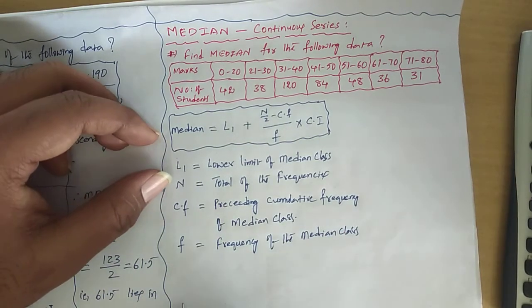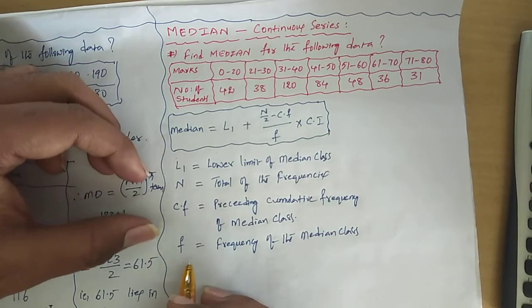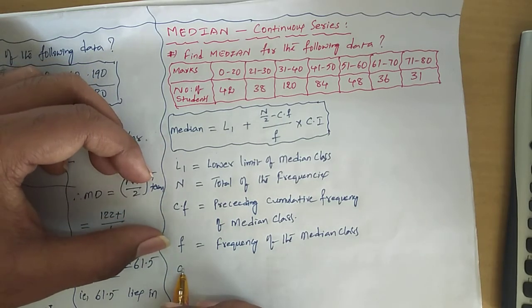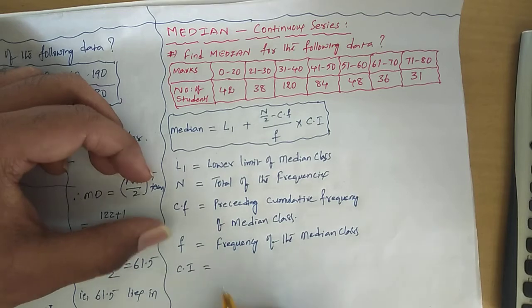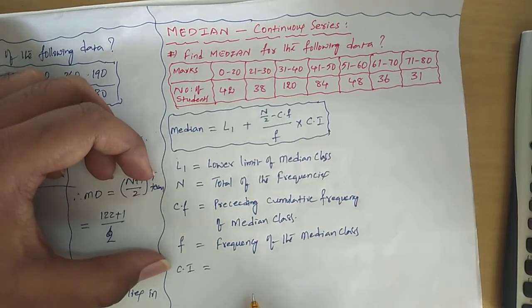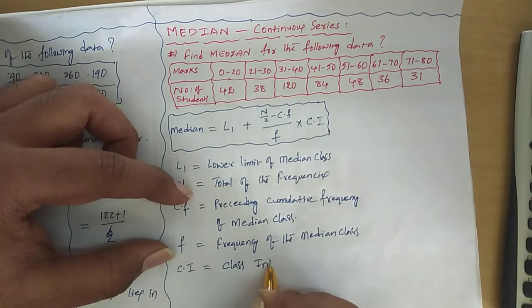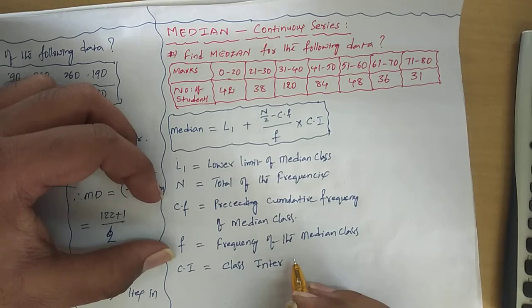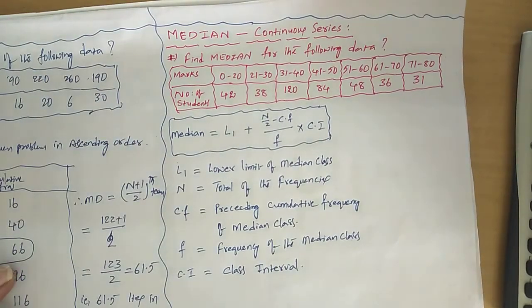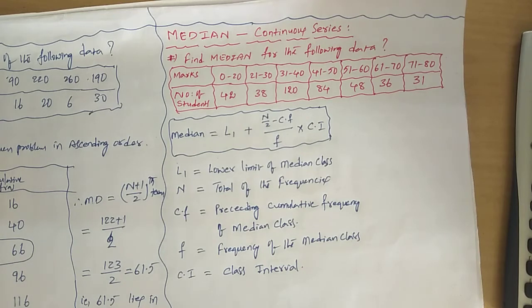Next, CI, or in a few textbooks they write only I also. The CI stands for class interval. So carefully you need to remember all this information.